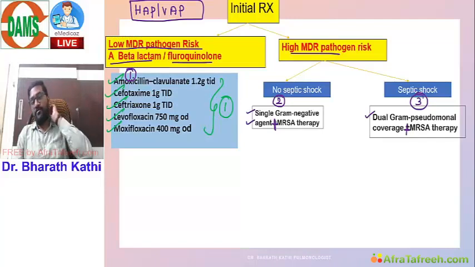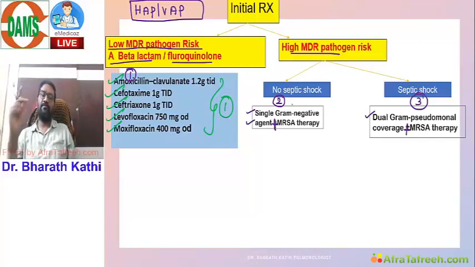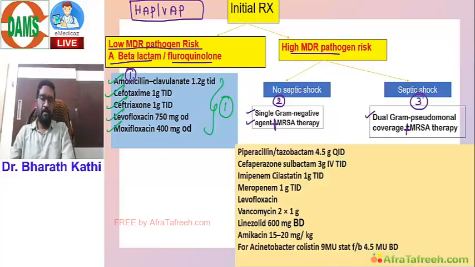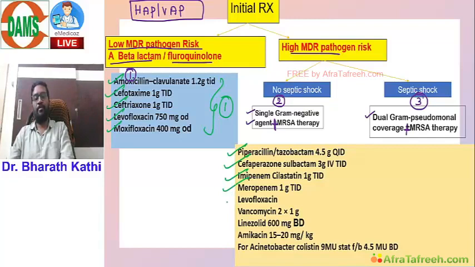Then if it is high MDR pathogen risk, this single gram-negative agent should usually be an anti-pseudomonal beta-lactam, or any drug having pseudomonas coverage. So what are the drugs? We can give either piperacillin tazobactam, cefoperazone sulbactam, imipenem cilastatin, meropenem, or levofloxacin.